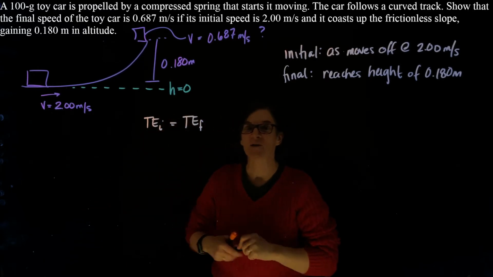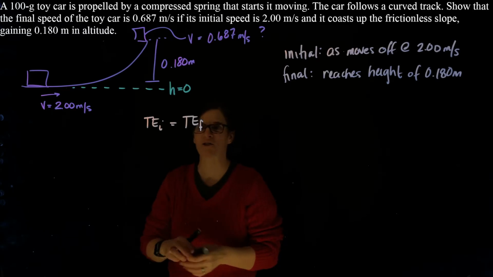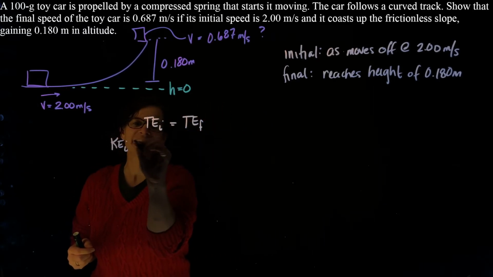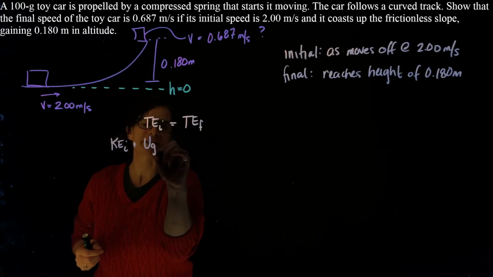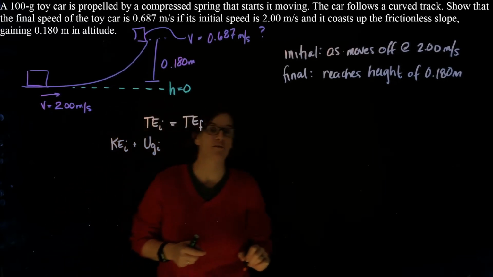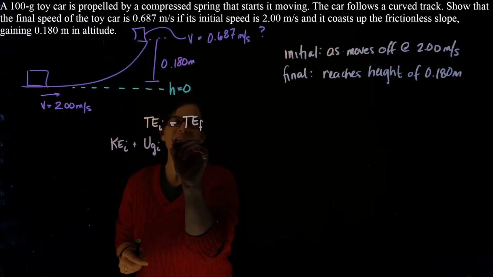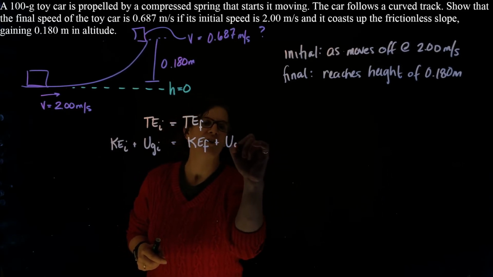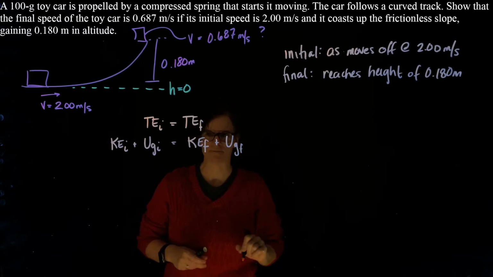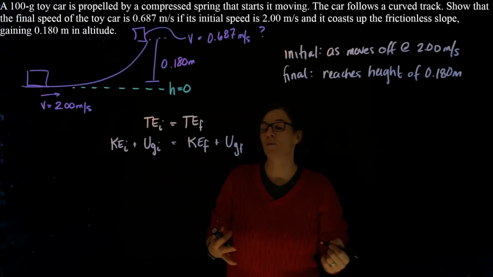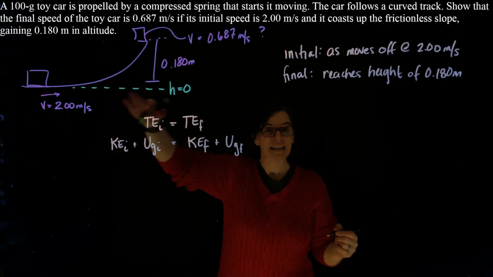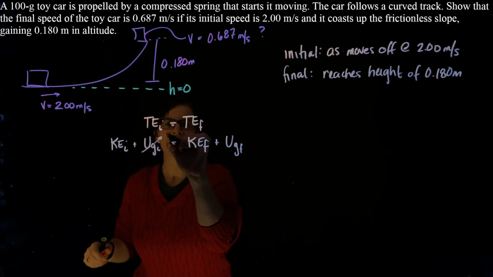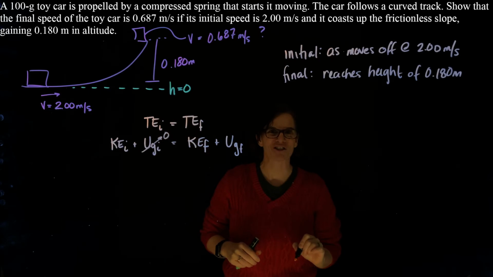All right, so let's look at our total energy relationship. We know that we have initial kinetic energy plus initial potential energy, and that's in the form of gravitational. And that's going to equal our final kinetic energy plus our final gravitational energy. Now, we know that it's starting at height equal to 0. So there's no potential energy as we have defined it initially in the situation.